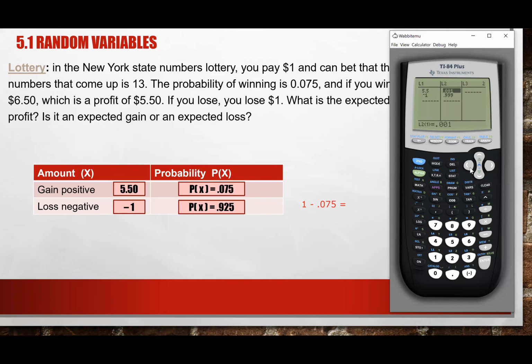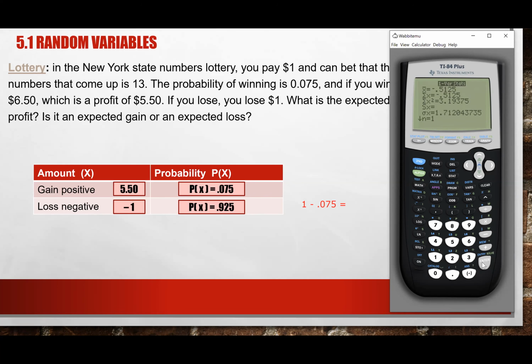My probability is 0.075 and 0.925. And again, looking at this, my L1 is my X, my value, my gain and my loss. My L2 is my probability. I hit calculate, one-var stat, and then calculate this item here.